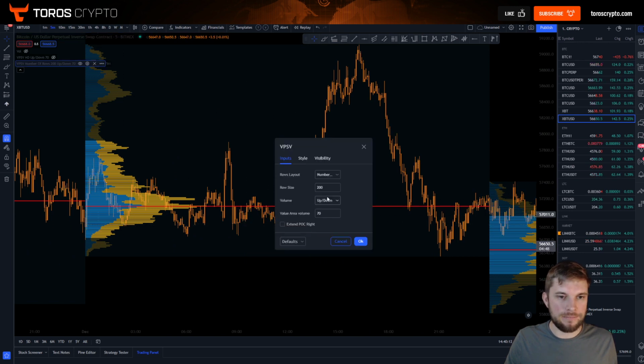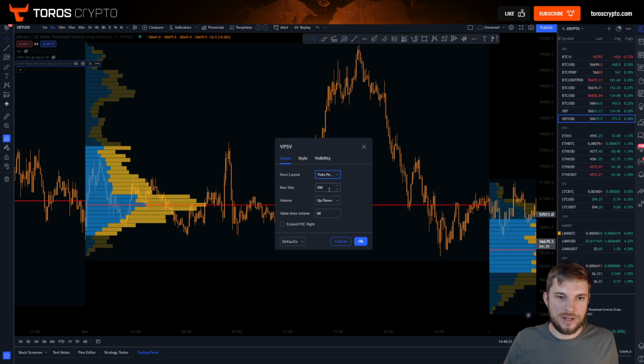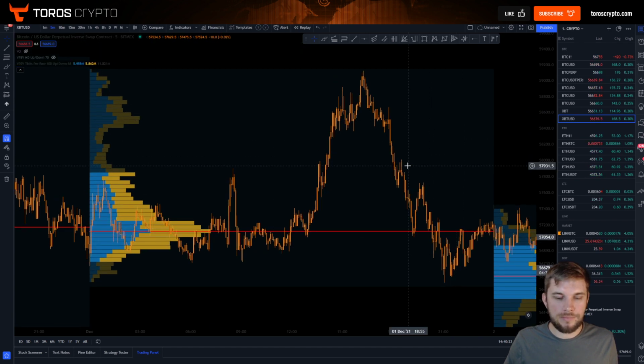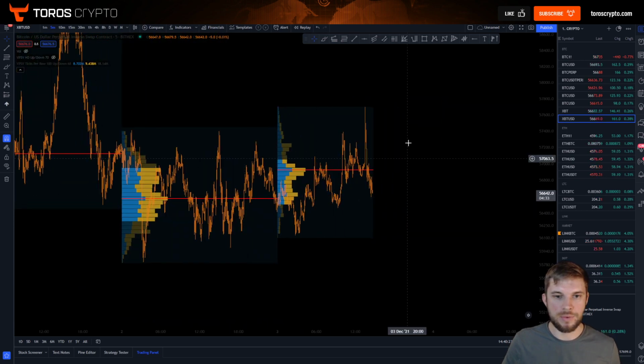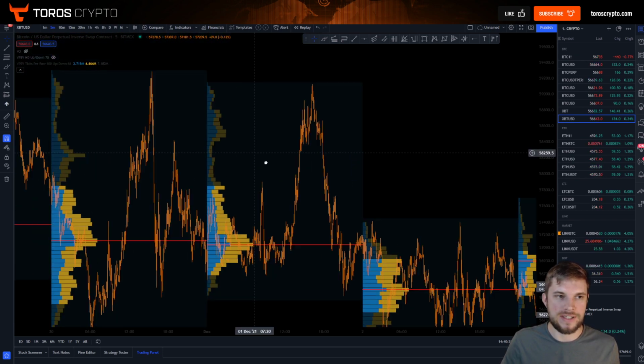So just by double clicking, you can set that at 68% value area. You can choose 100 rows, or you can choose 100 ticks, and you can set that however you like on the chart. And then for this one, it won't actually move. So this is kind of set.